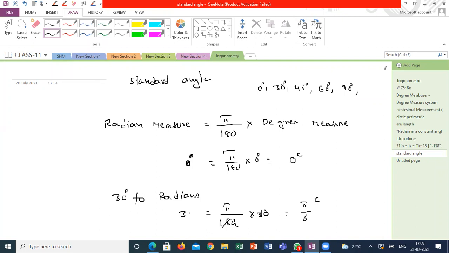So 30 degrees is equal to pi by 6 radians. Understood, guys, how to convert degrees to radian measure? If I am giving in degrees, how to convert into radian measure? Guys, is it clear?